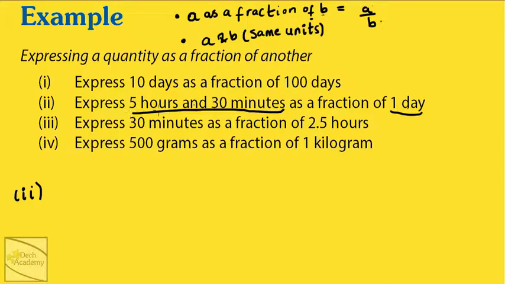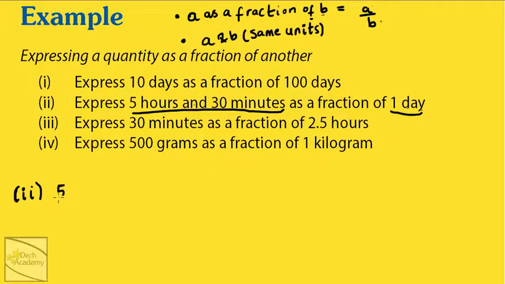So in this case, we're talking about time. Here we have units of days, and here we have units of hours and minutes. So it's all a bit scattered at the moment. So let's decide that we want all our time to be in minutes. I could have said hours, I could have said seconds, but I just chose minutes.